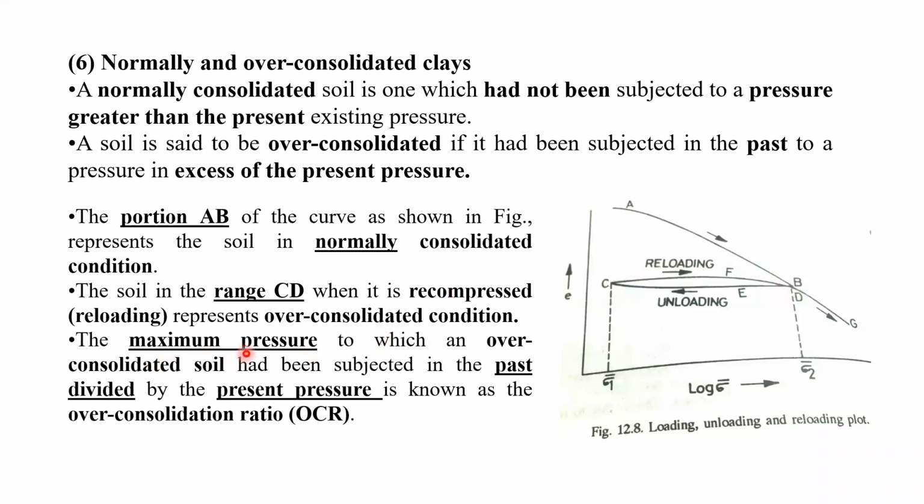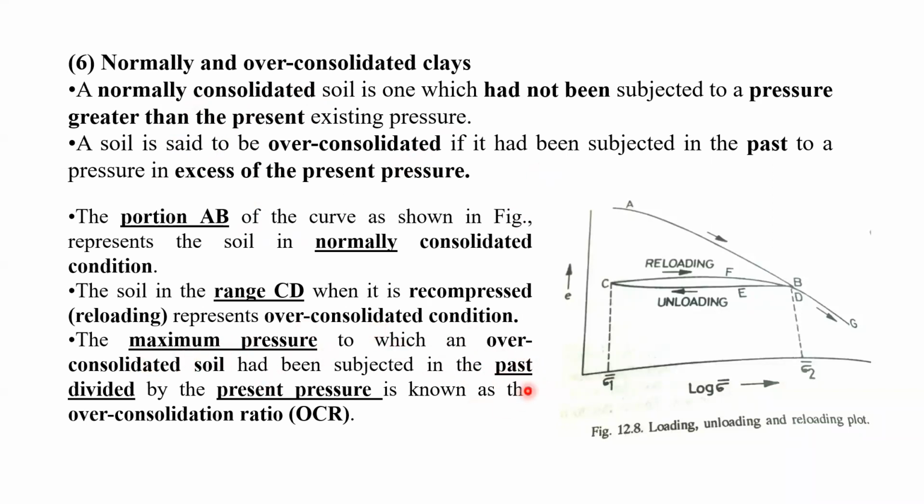And the next definition: the maximum pressure to which an over consolidated soil had been subjected in the past. Whatever the pressure, as I told you, suppose 5 kilonewton per meter square pressure was applied due to the old building on a particular site. So in this definition also I explained about the over consolidated soil.